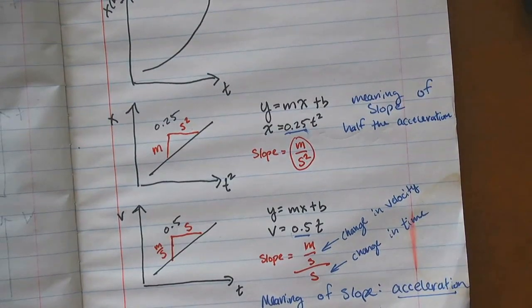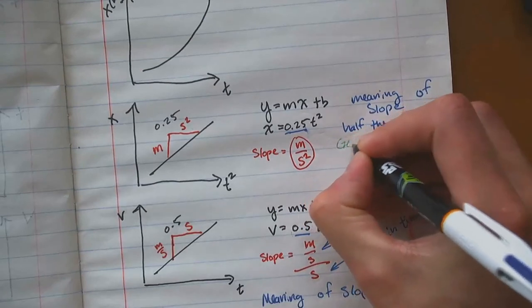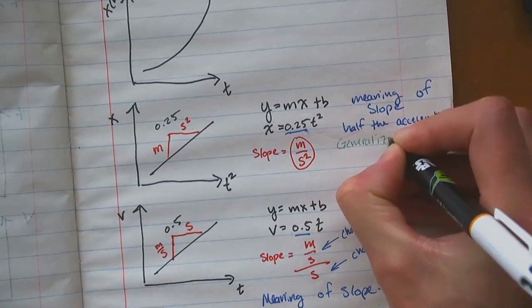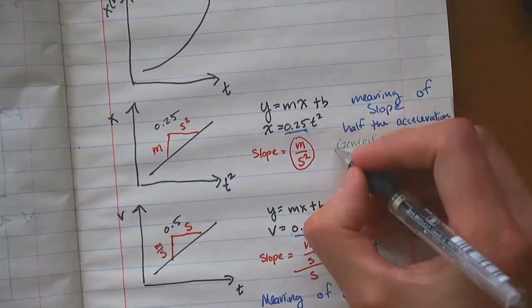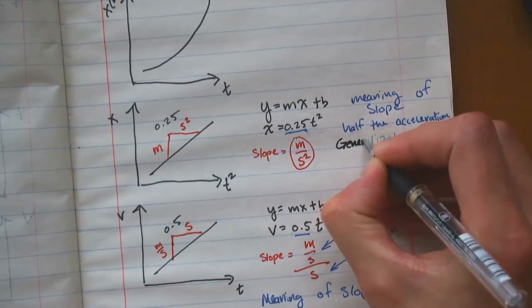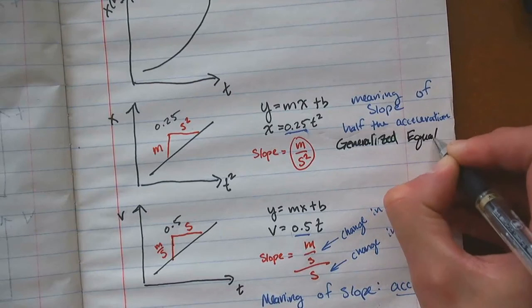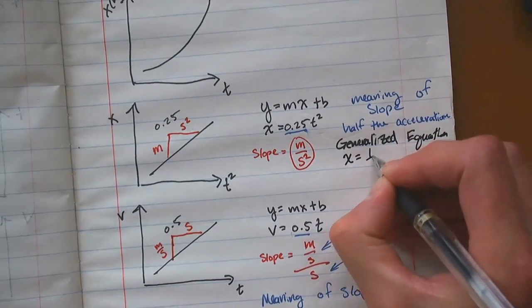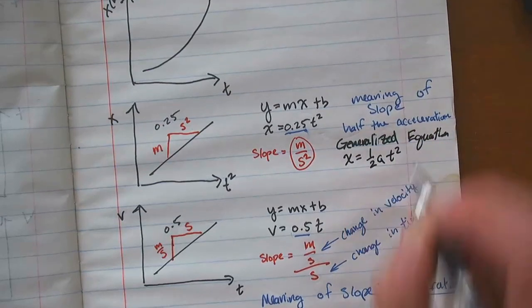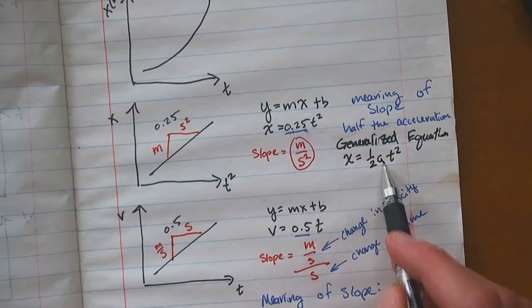So let's take that and write a generalized equation. Okay, the generalized equation for this one is going to be x equals 1/2 a t squared, because this 0.25 is half the acceleration.